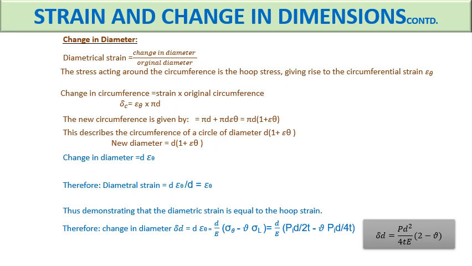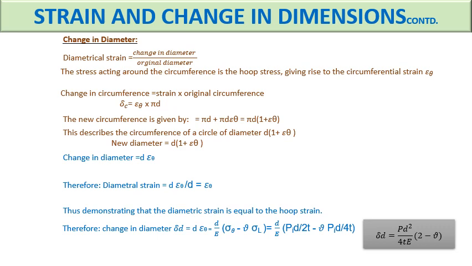So what is the change in diameter? That is the diametral strain multiplied by the original diameter. The hoop strain, if you recall the three-dimensional Hooke's law, is given by 1 by E multiplied by sigma theta, that is the hoop stress, minus nu into sigma L, that is the longitudinal stress, all multiplied by small d, the diameter of the vessel.